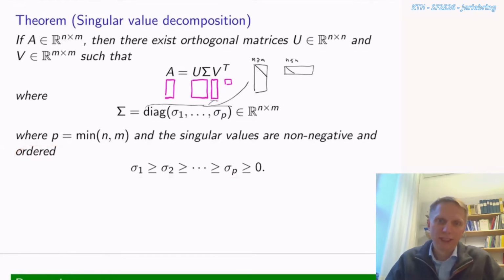So the singular values, which are the diagonal elements of the sigma matrix, are ordered in non-increasing order, right? So sigma 1 will always be the largest singular value.